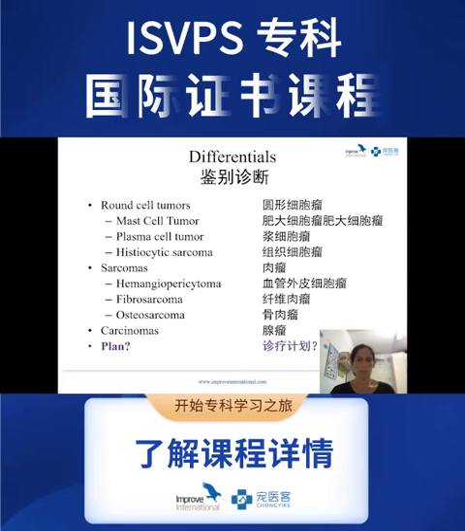So chondrosarcoma, hemangiosarcoma, and even osteosarcoma wouldn't be likely. Carcinomas, the most likely might be a squamous cell carcinoma. So the plan, I'm sure you know it by now, will be to do a fine needle aspirate of this mass.